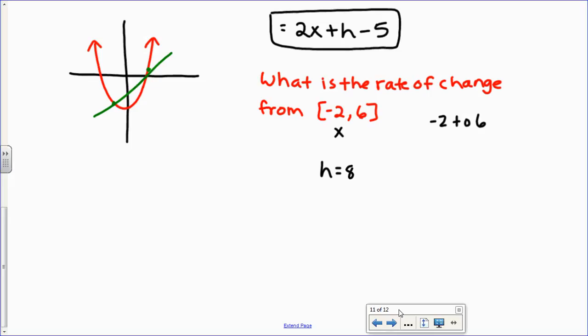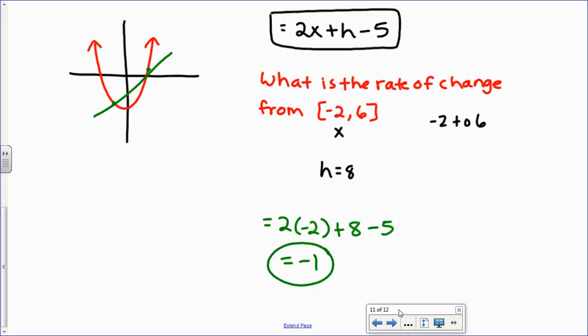So using my formula, I can plug -2 in for x, 8 in for h, and so that's -4, -1. Obviously, my graph is not drawn right because that looks positive, but I just sketched a graph there. So the slope from those 2 points on our graph would be -1.